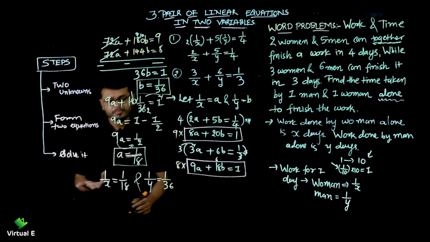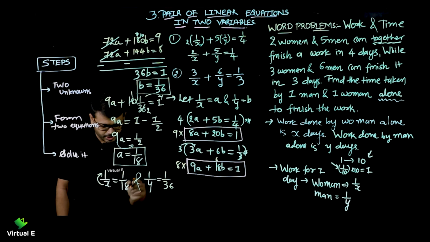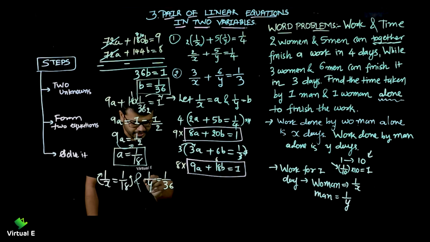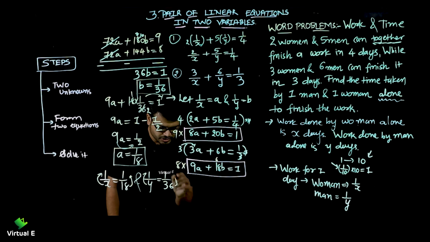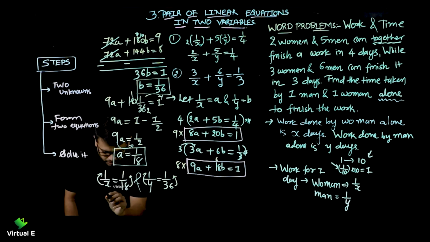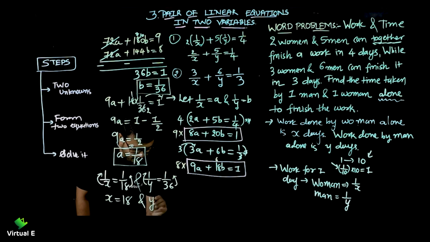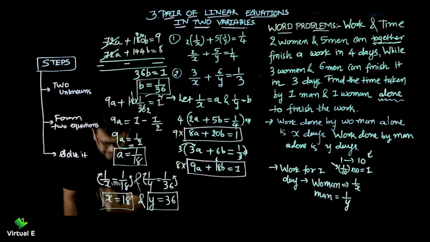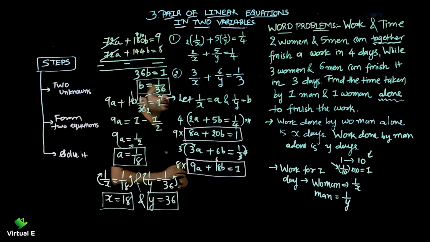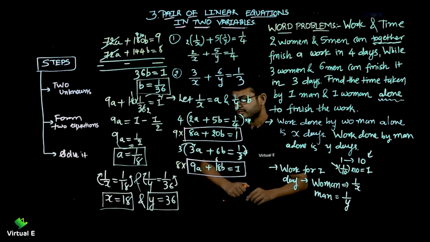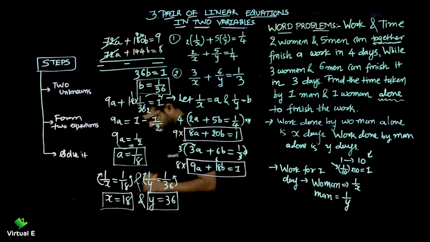So let's take the reciprocal. So x will come in the numerator and so does 18. y will come in the numerator and so does 36. So the value of x is 18 and the value of y is 36. So now my final solution is x is equal to 18 and y is equal to 36.